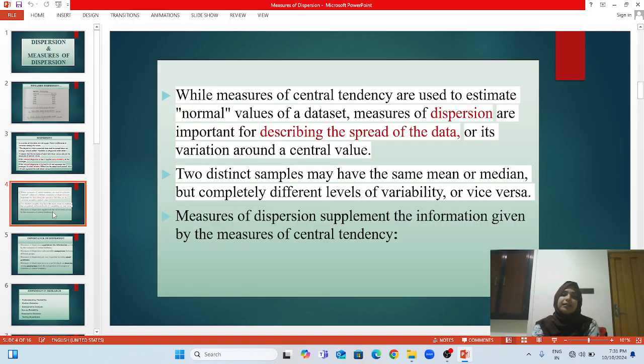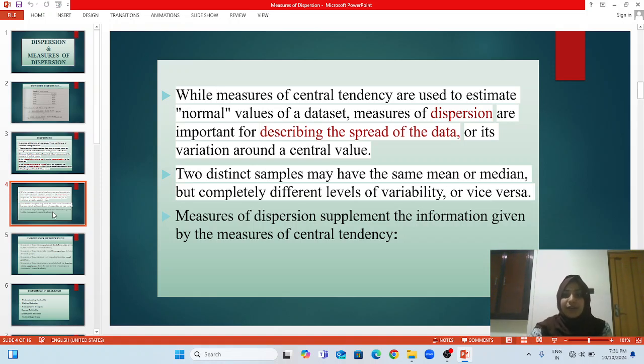Then what is the need for dispersion? As we already said, dispersion is important for describing the spread of data or its variation around the central point. So, if we have two distinct samples that have the same mean, as we saw in the example Table 10.1, but their spreading is very different.